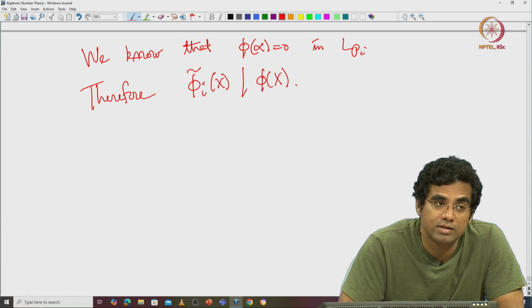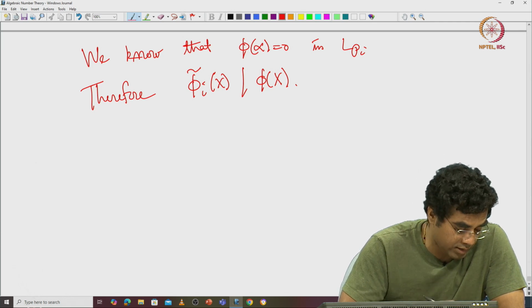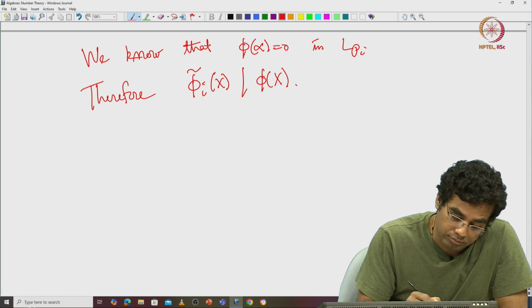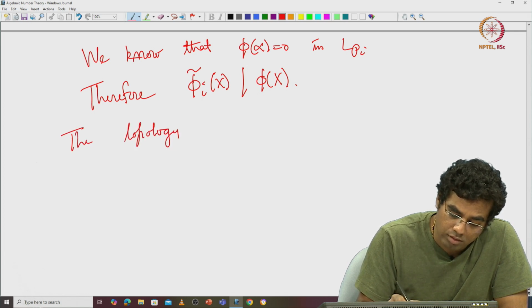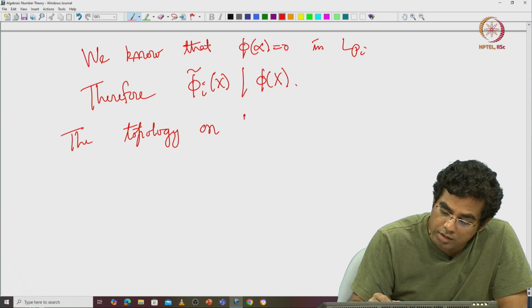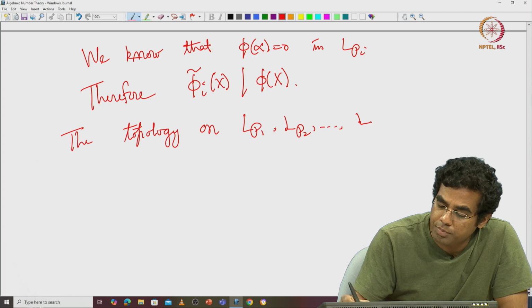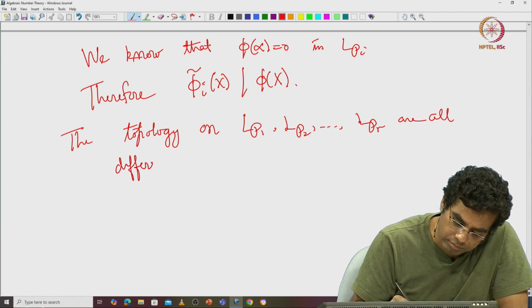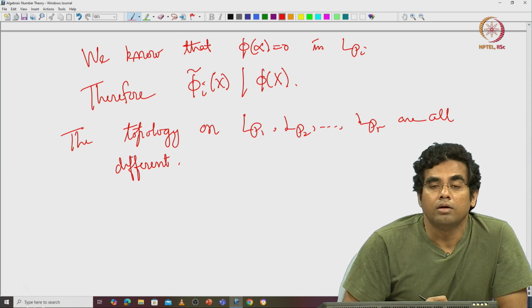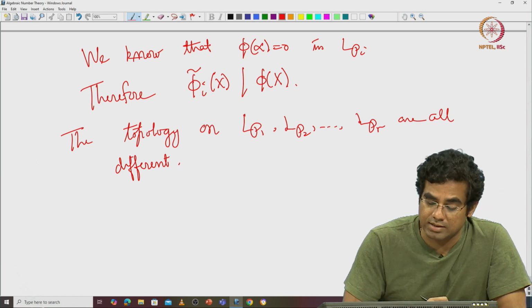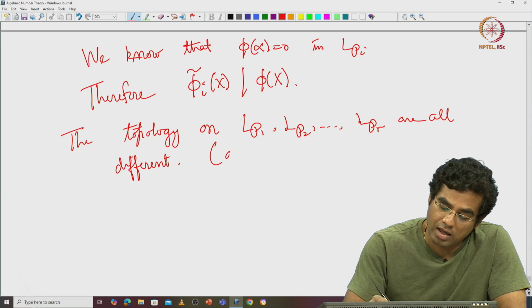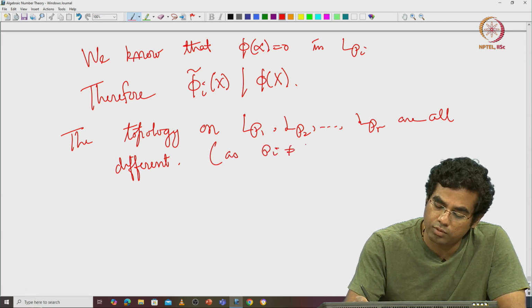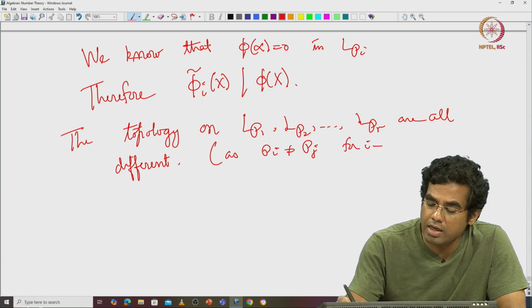And so, here is another sophisticated point, that the topologies on L_{P_1}, L_{P_2} and so on up to L_{P_r} are all different, right, because these are different places, as P_i is not equal to P_j for i not equal to j.